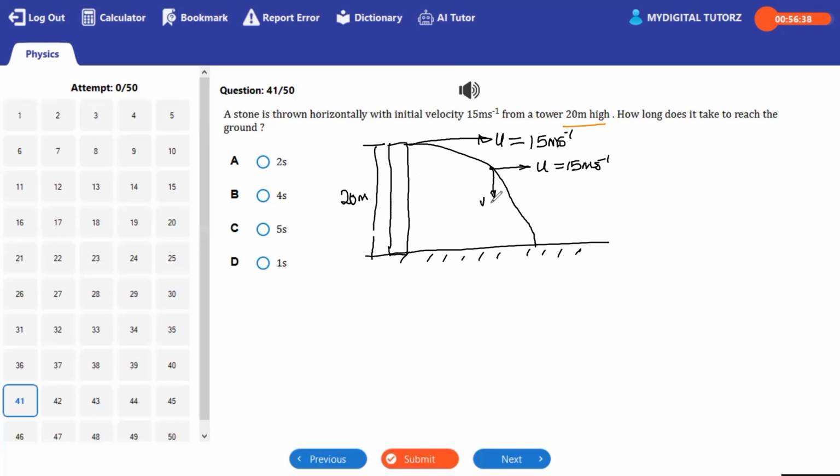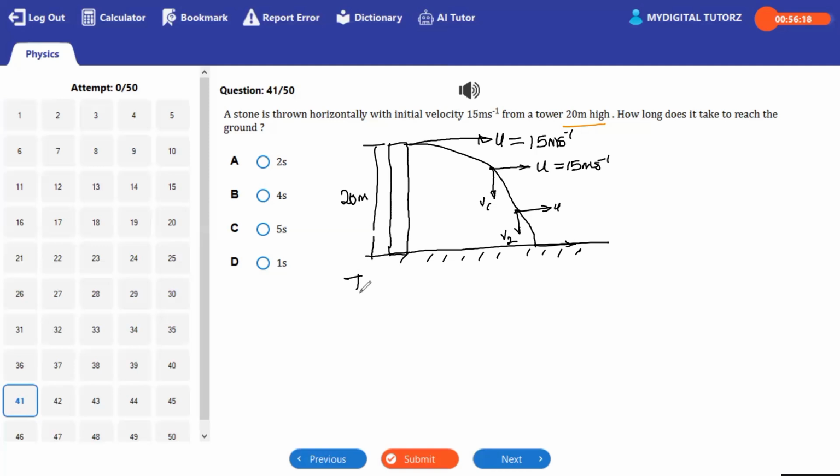So if here is V1, for instance, at this point, and there will be a change here, here is V2, and so on and so forth, till it gets to the ground. So you're looking for the time it takes to get to the ground. Before the object was thrown, the initial vertical velocity is 0.